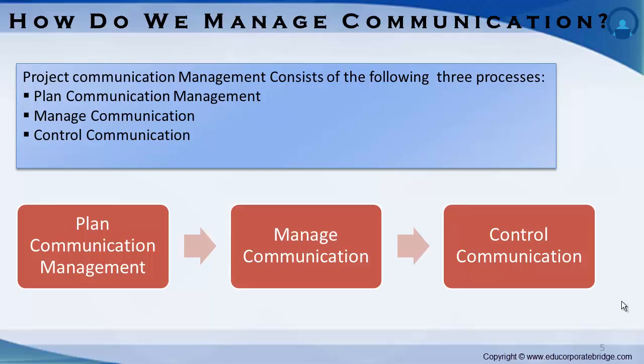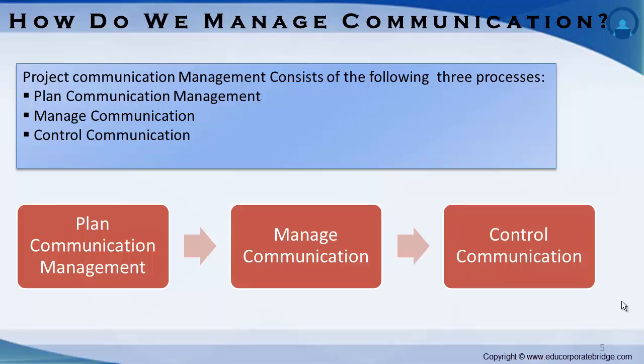Third is control communications. It is the process of monitoring and controlling communications throughout the entire project life cycle to ensure that the information needs of the project stakeholders are met.